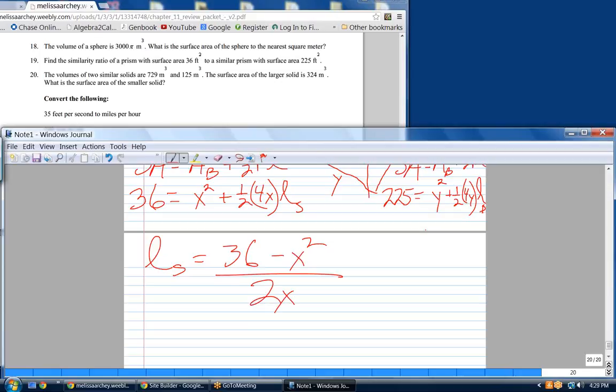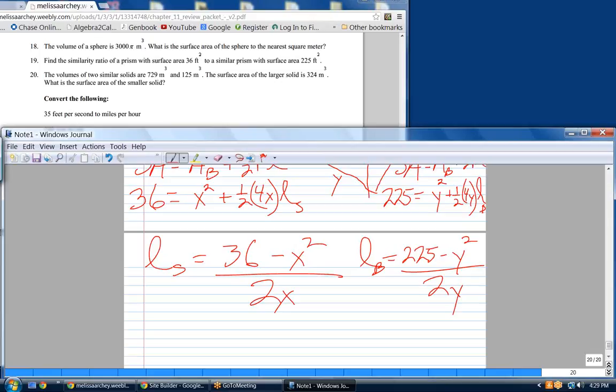And over here, big L is equal to 225 minus y squared, all divided by 2y. So we're looking for big L divided by little l. That will be the similarity ratio.